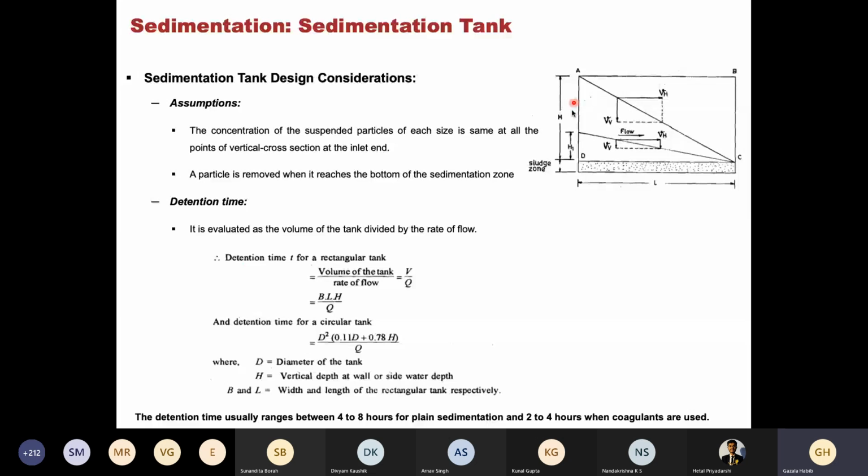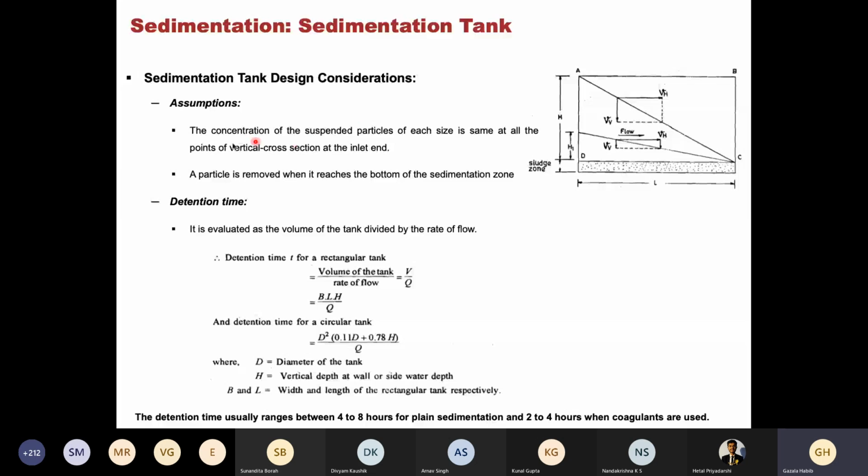Say the height of the tank is h, the width of the tank is b, and the length of the tank is l. b is not shown in this figure, but you can assume that b is perpendicular to this PPT or this board. Now we should go through the assumptions.